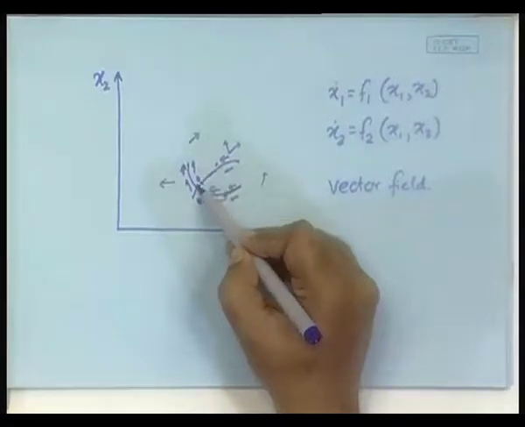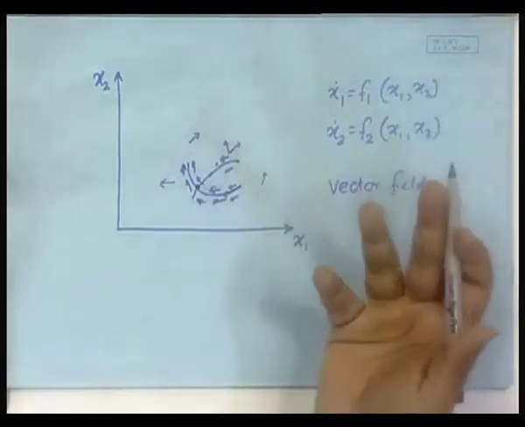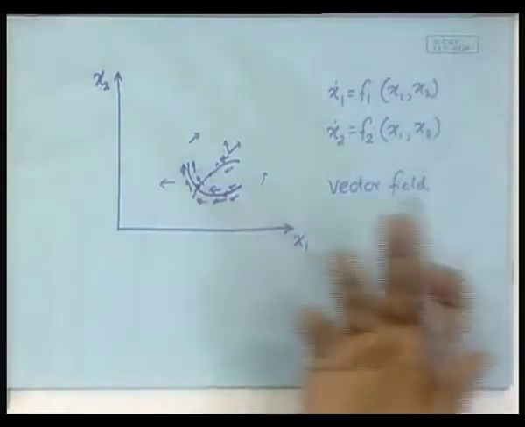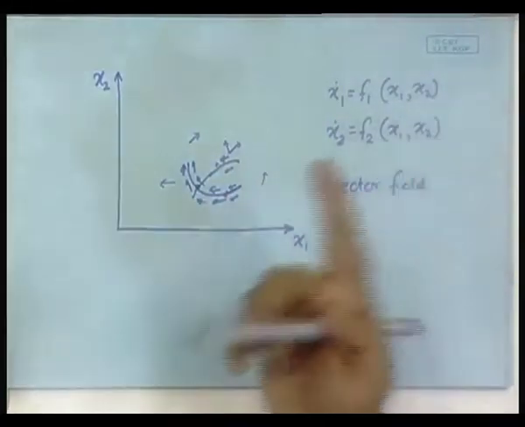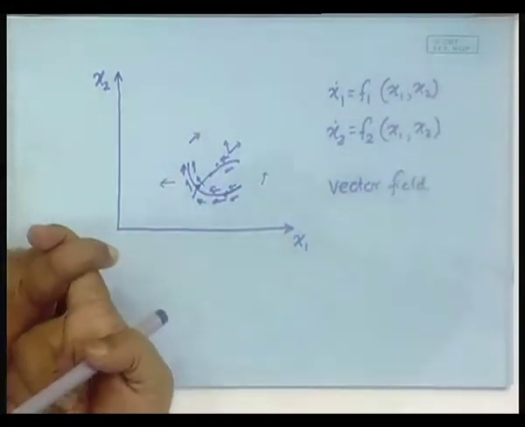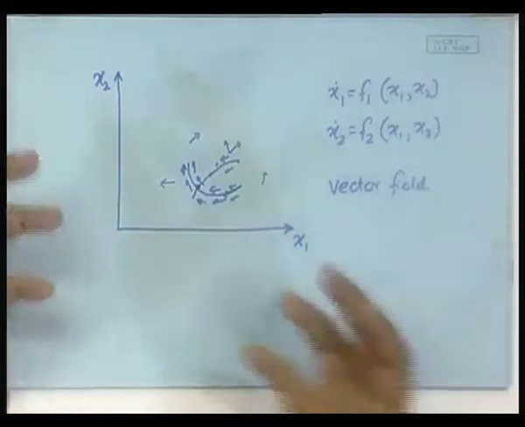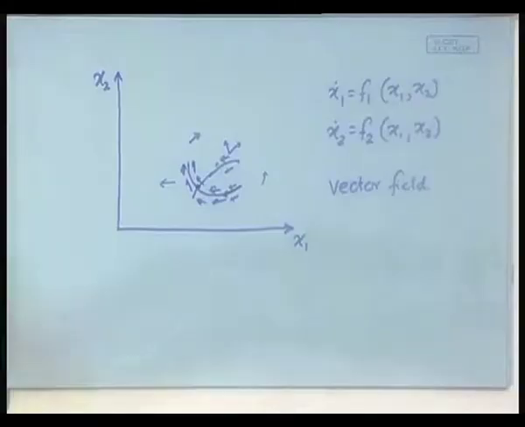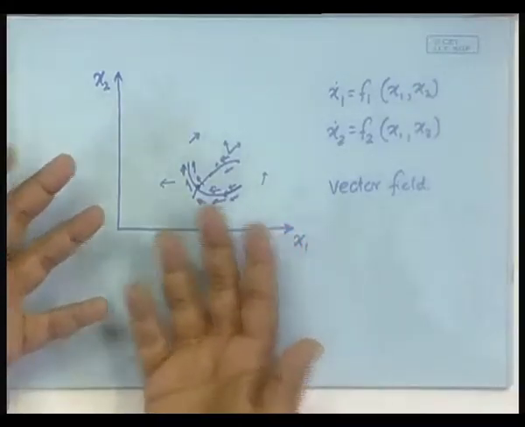Why? Because at this point the vector would have two different directions, that is not allowed. So, the vector field lines cannot cross. These are some very qualitative properties of this vector field that impose some restriction on what it can do.